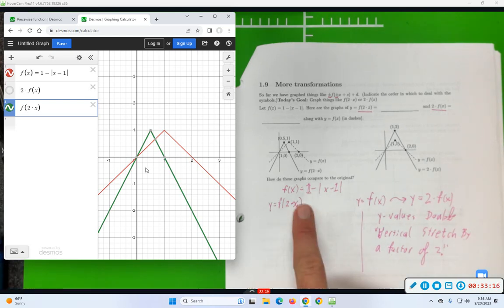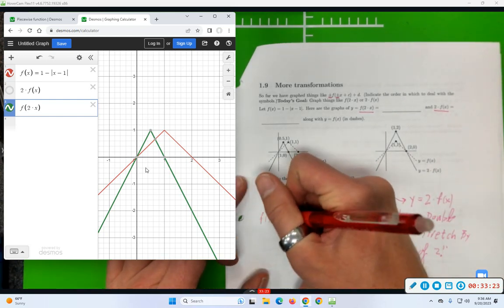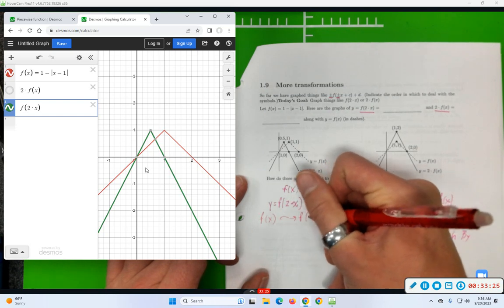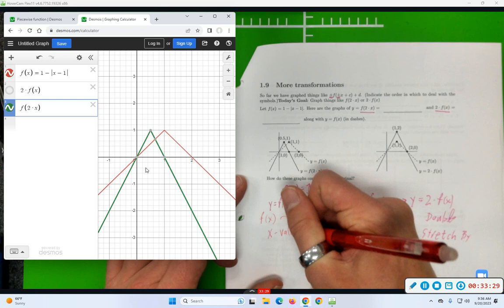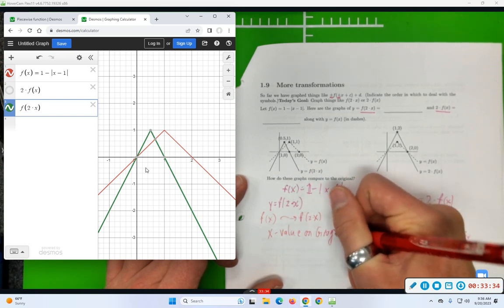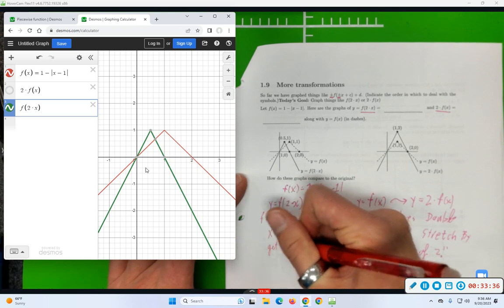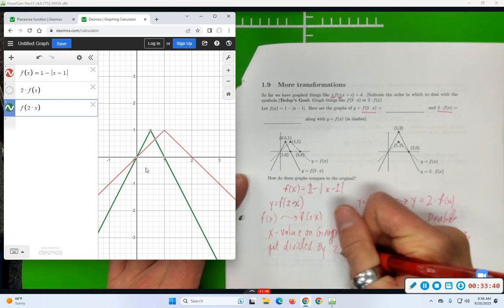So to go from the graph of f of x to f of 2 times x, it looks like all the x values on the graph get divided by 2.